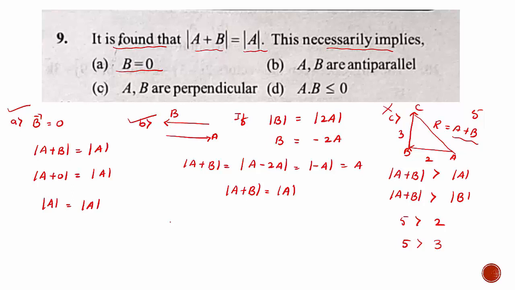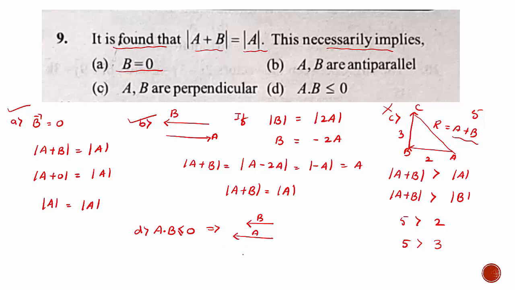Come to option D. Here it is given vector A dot B is less than or equal to 0. Less than or equal to 0 means what? We should consider negative values. Suppose this is vector B and this is vector A. There is a change in their magnitude values.